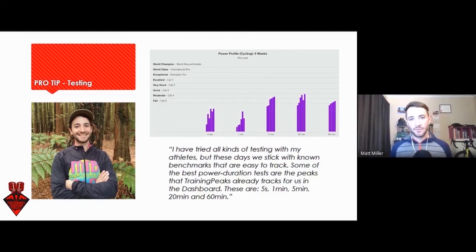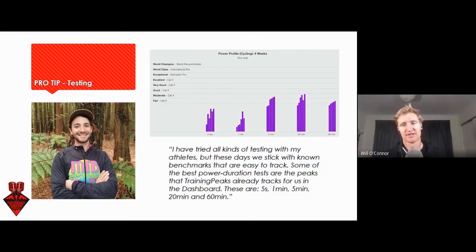So I stick with the 20-minute test or a set benchmark test. Not every athlete has a good place to test for 20 minutes, so we find a test and stick with it. Then we look at what TrainingPeaks gives us for the power profile. Sometimes I'll use a chart like this. If we're in amongst a race season, you don't need to test all the time.